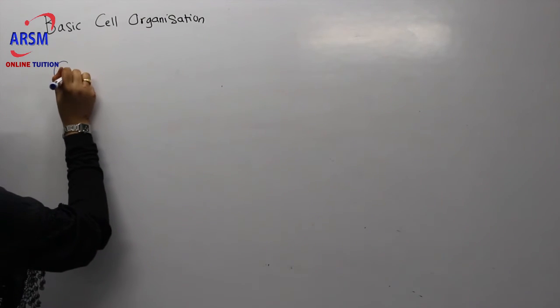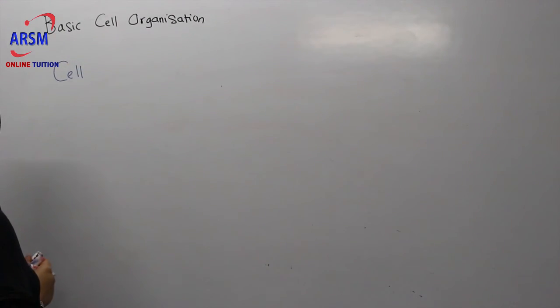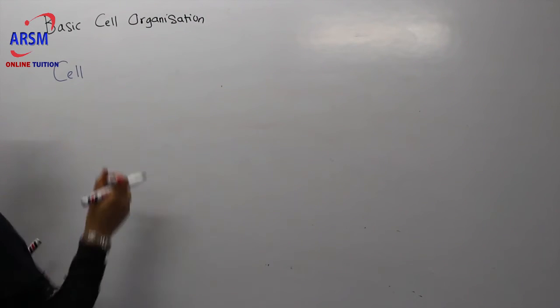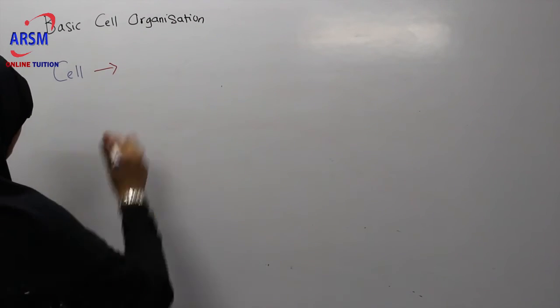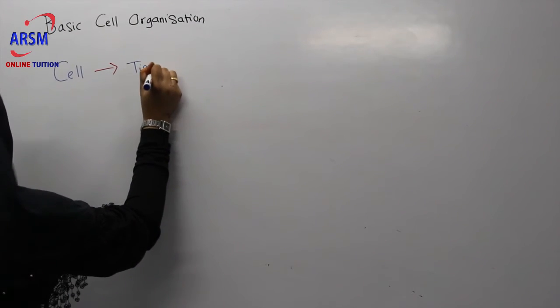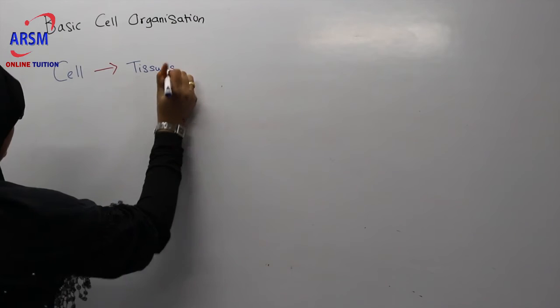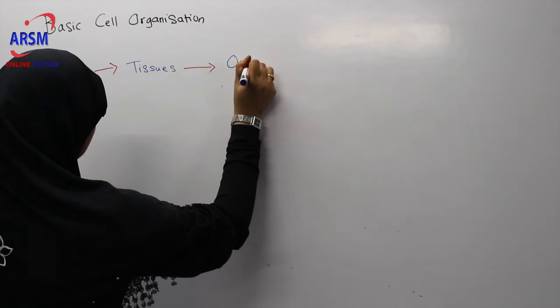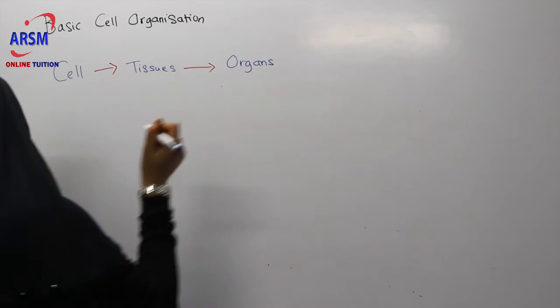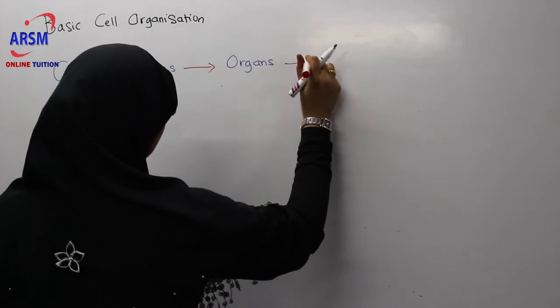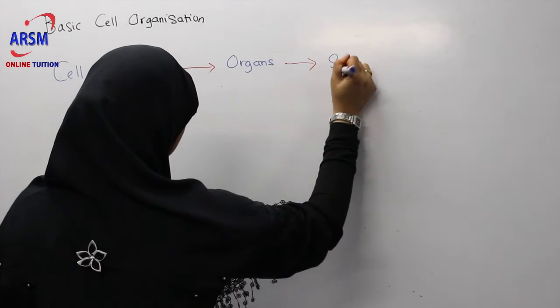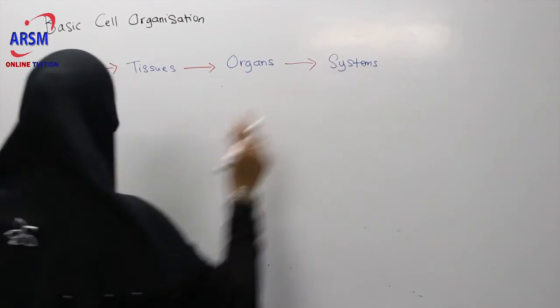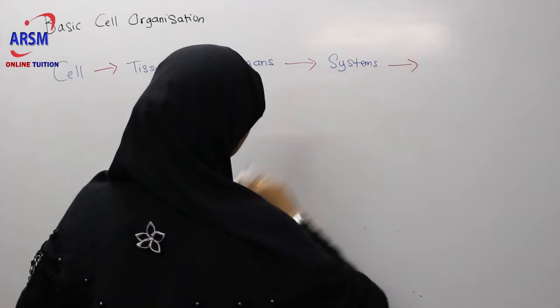We know already the basic unit of life is the cell, so we start with the cell. After the cell we have tissue, then organs, then systems, and at last it forms an organism.